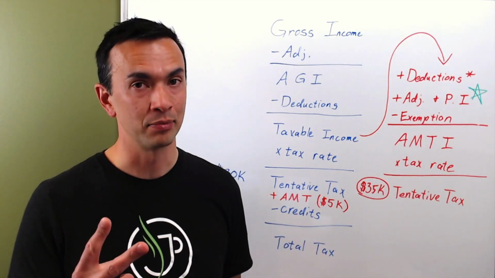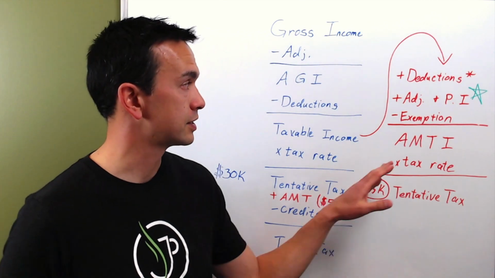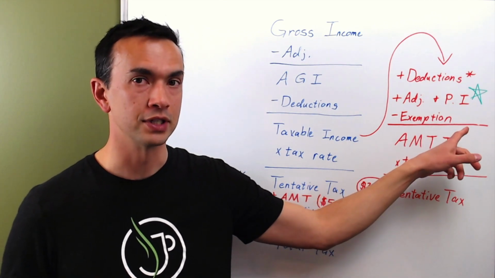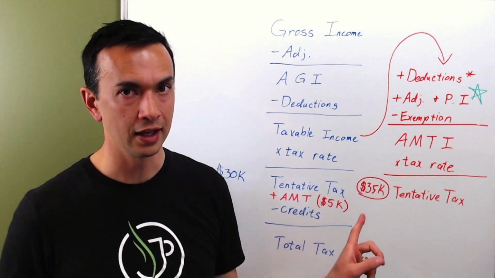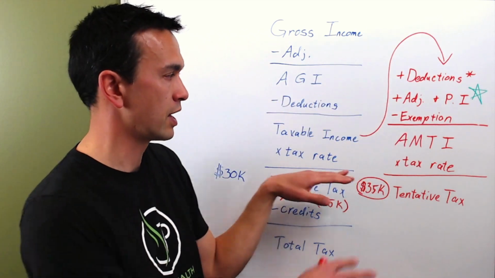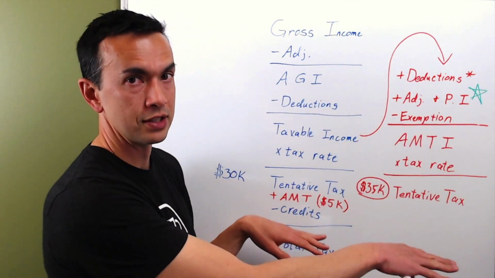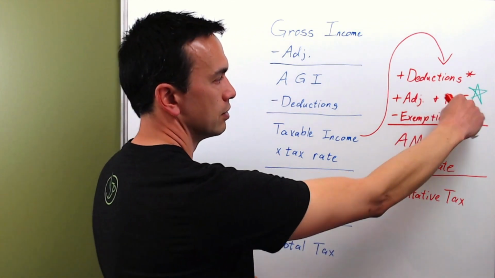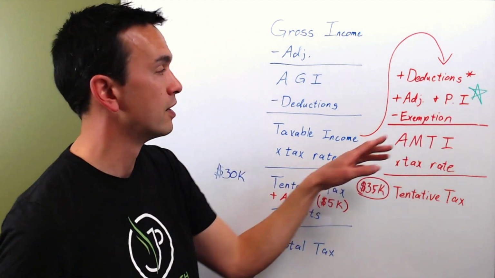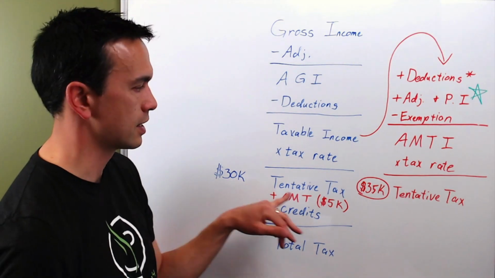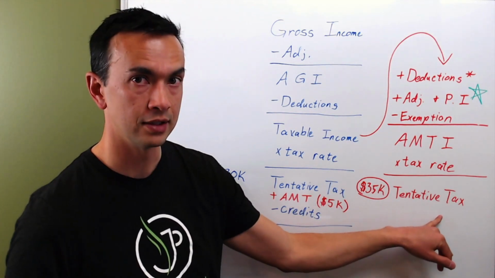And then the second planning opportunity is that there's actually a way that you can exercise stock options without having to pay any AMT. So let's break this down real quick. Every year you're actually doing both of these calculations. You just might not know it. But in a normal year, whenever you don't have any of these special things here, the tentative tax on your normal taxes is higher than your AMT tentative tax.